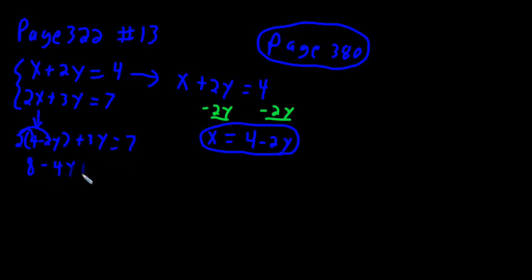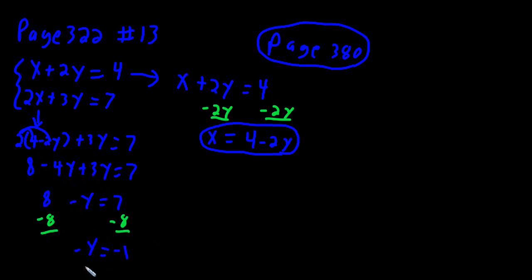Combine my variables here, and being careful, it's negative 4y plus 3y, which is minus y. Subtract 8 from each side. So what's your signs? Minus y equals negative 1, and divide each side by negative 1. So y would be a positive 1.